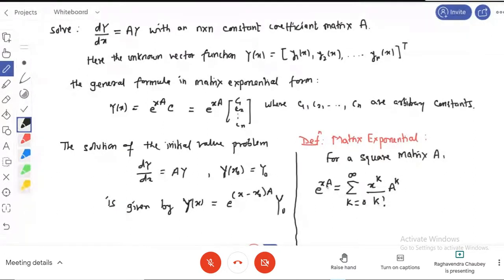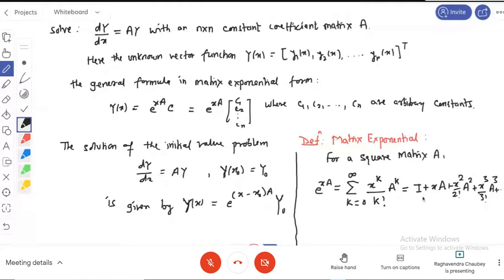This x to the power k over factorial k, in matrix form, equals I, the identity matrix, plus x times the matrix A, plus x square over factorial 2 times A square, plus x cube over factorial 3 times A cube, and so on.